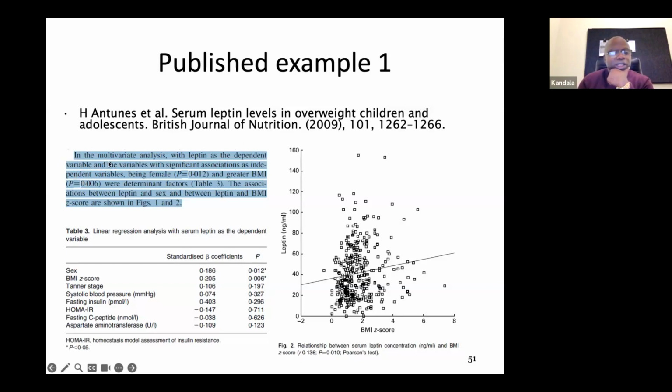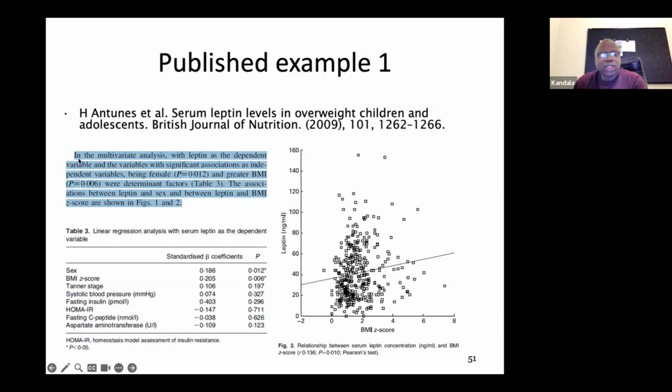I was mentioning that you need to report what was done in the descriptive or bivariate analysis, but also more importantly, the complete story comes with the multivariate analysis.